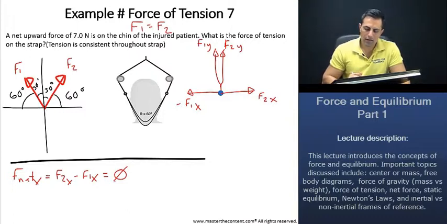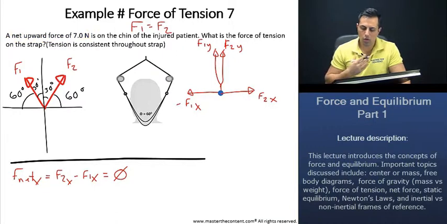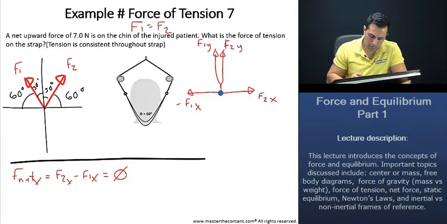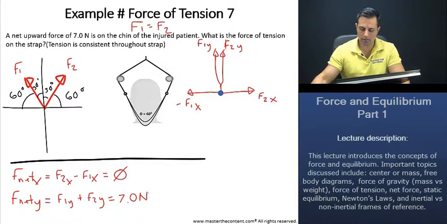Now, if that is 0, then we know that the net upward force of 7 newtons is primarily attributed to the y components, the net force of the y components. If we rewrite the force net y, that's just going to be the y component of force 1 plus the y component of force 2, and that's equal to 7 newtons, as we see there.